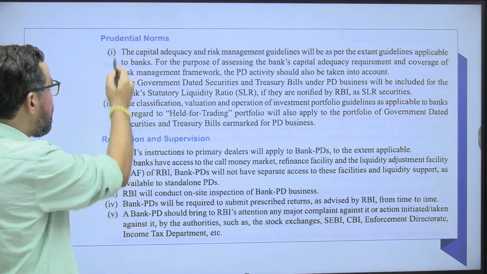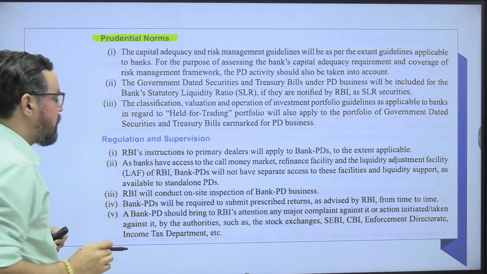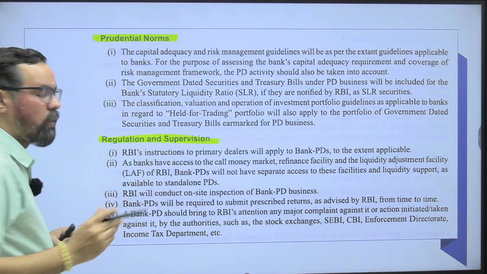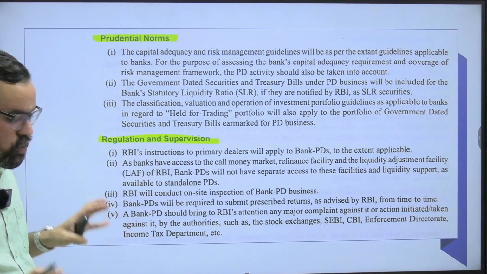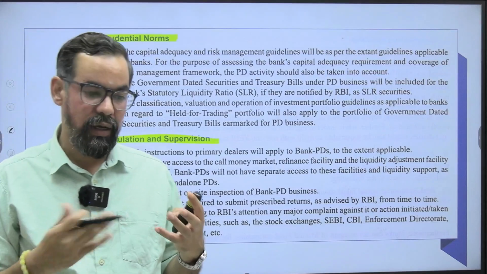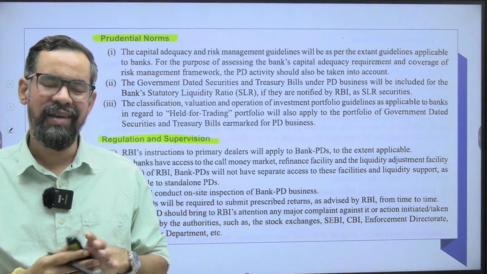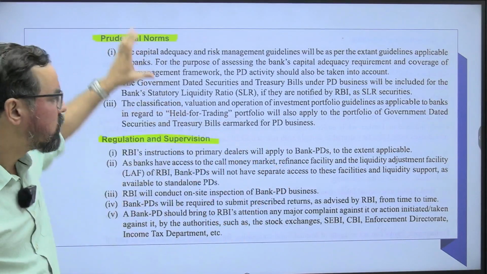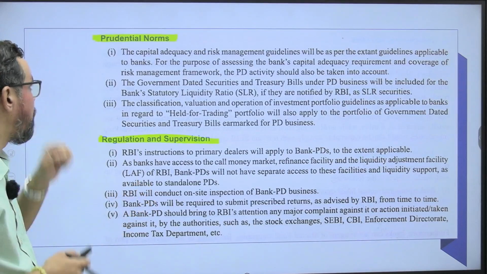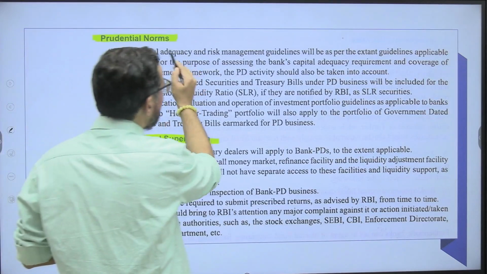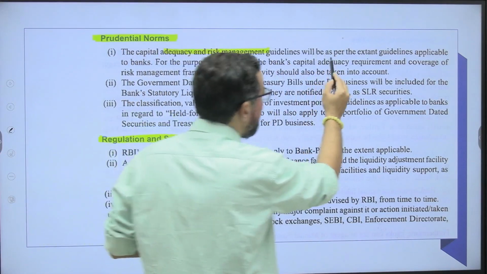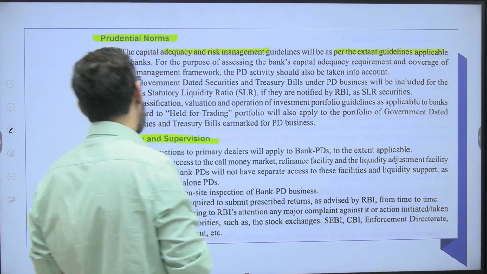ठीक है. So prudential norms. What are the prudential norms and regulation and supervision about primary dealers? ठीक है. So if your bank is running primary dealer as a financial service, it can be a bank PD or a subsidiary. So these are the prudential guidelines. First, the capital adequacy and risk management guidelines will be as part of extant guidelines applicable to banks.